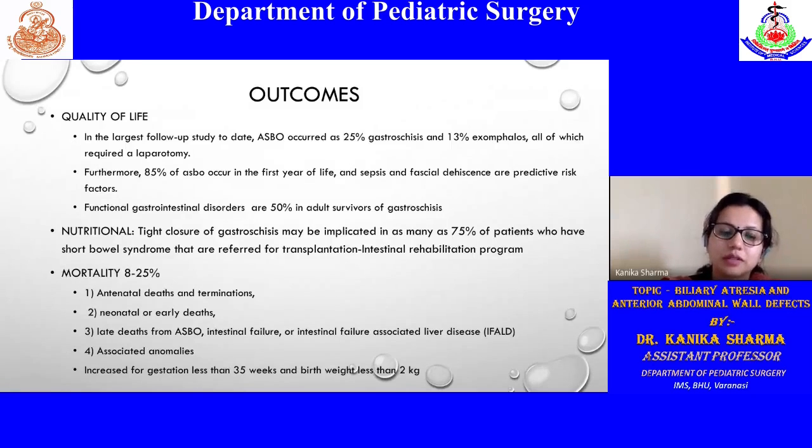A very small chunk may also have their mortality associated with the anomalies they have. It has also been noted that when they have early gestation or are preterm, they are a more morbid group.